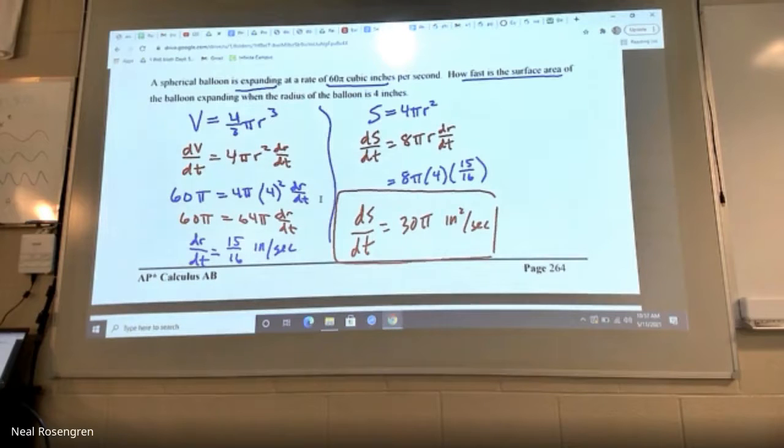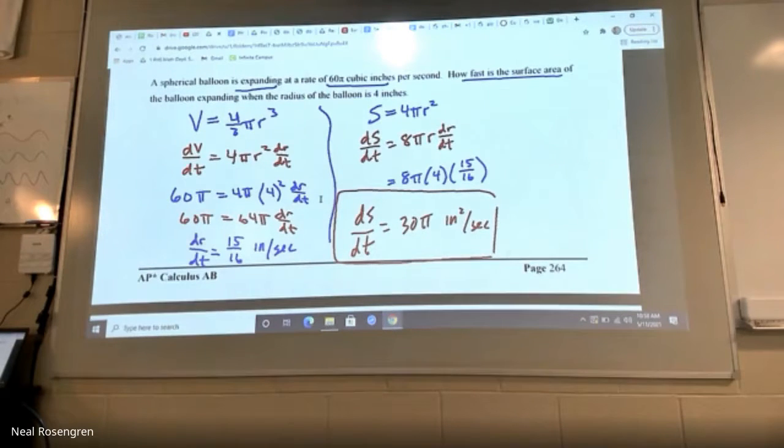267 is pretty easy. I'm just skipping one. Usually anything with the cone uses a similar triangle so that we can get it down to one variable instead of two.